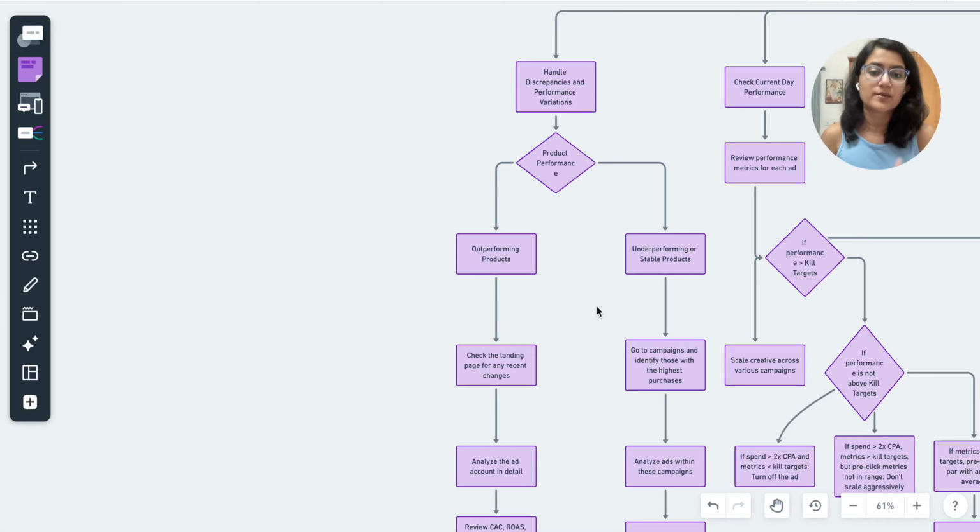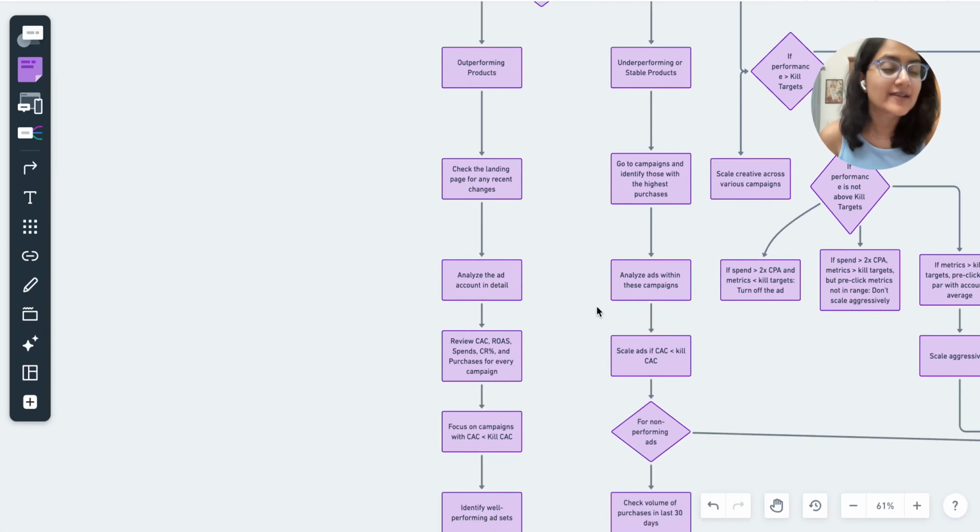If the product is underperforming, then you need to go to the campaigns and identify the campaigns with the highest purchases in the last 30 days. Then analyze their ads within those campaigns.